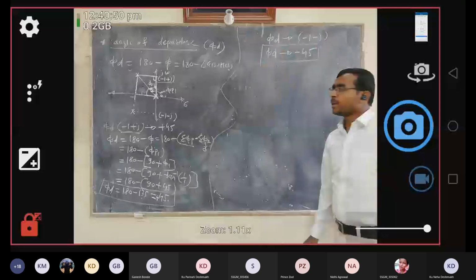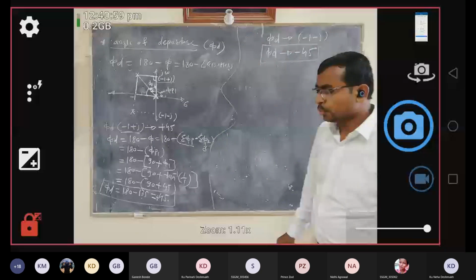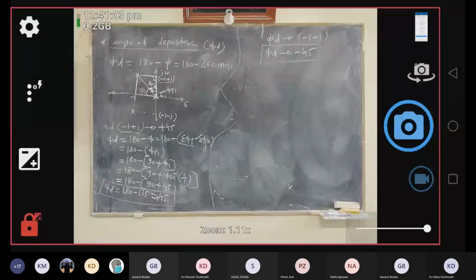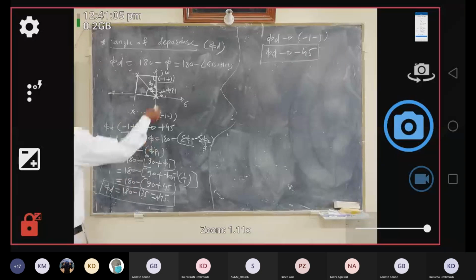In this way you can directly take it down. So here we have got minus 45 degrees. Do we have any doubt in the calculation of phi d? As this is a simple problem, we have directly taken out the calculation.